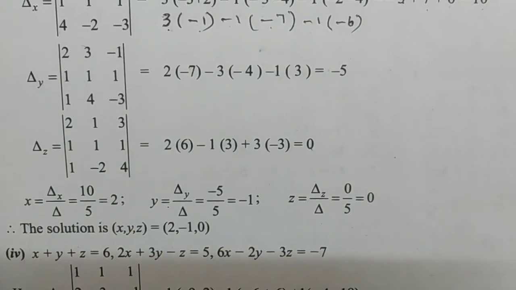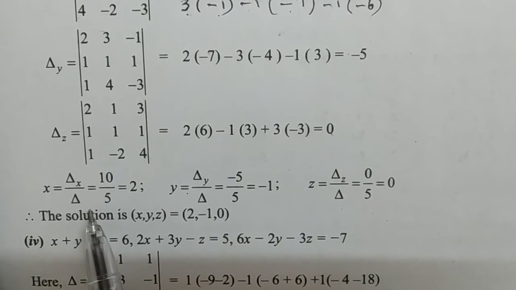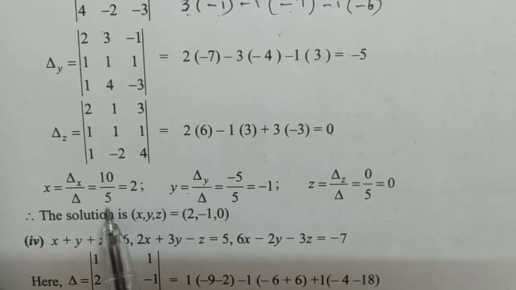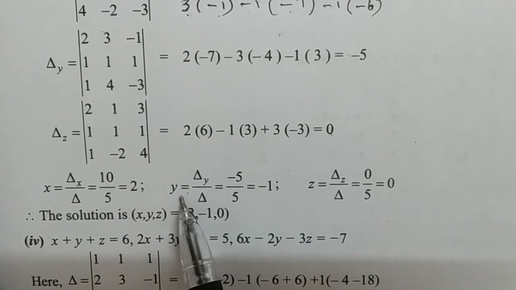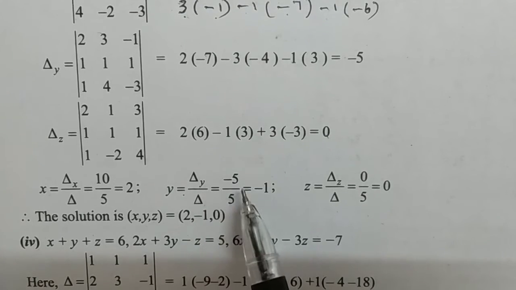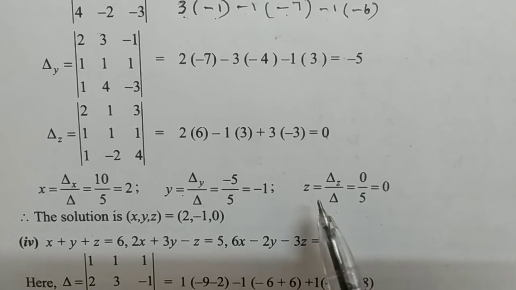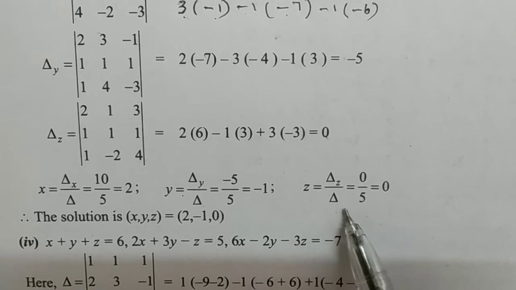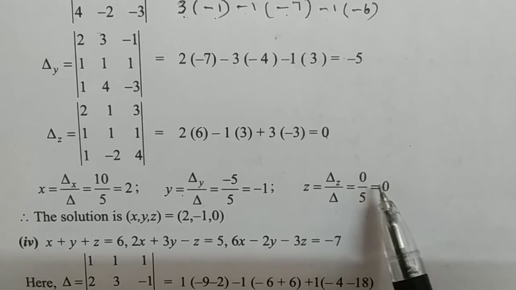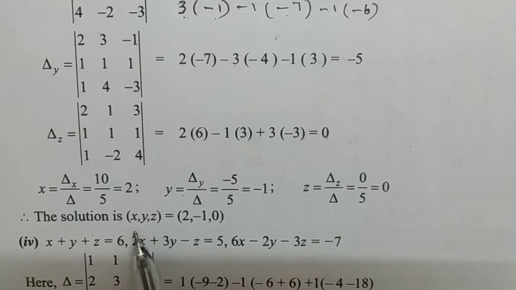Substituting, x equals 10 divided by 5, which is 2. y equals delta y divided by delta, minus 5 divided by 5, which is minus 1. z equals delta z divided by delta, 0 by 5 equals 0. So the solution is x, y, z equal to 2, minus 1, 0.